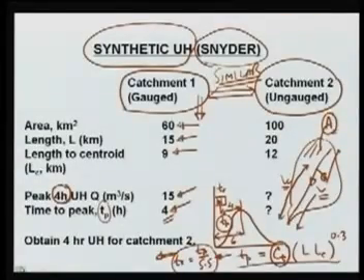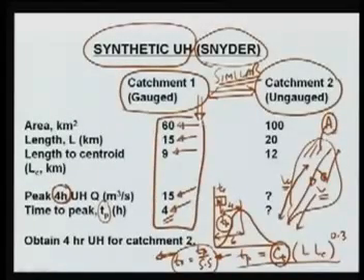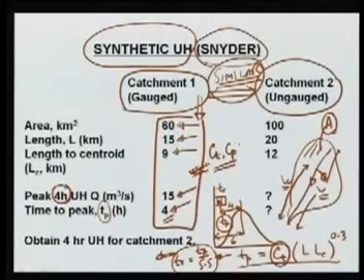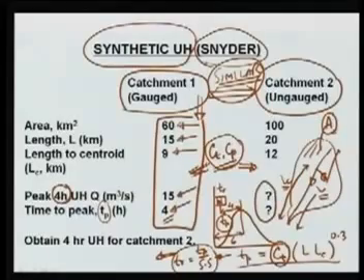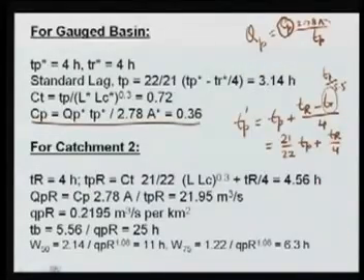So our aim would be to predict the value of CT and CP from this catchment, and since they are similar, we can use the same CT and CP for this catchment and predict the value of peak and time to peak for the second catchment. So the computations are shown here.